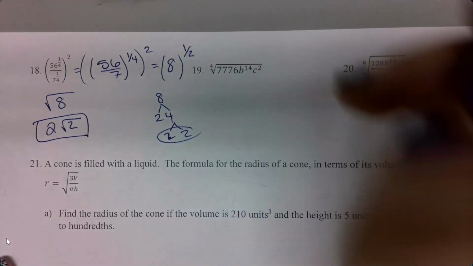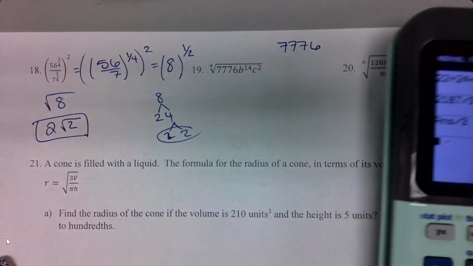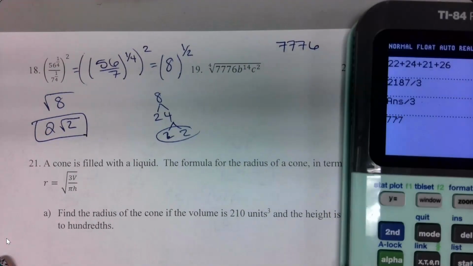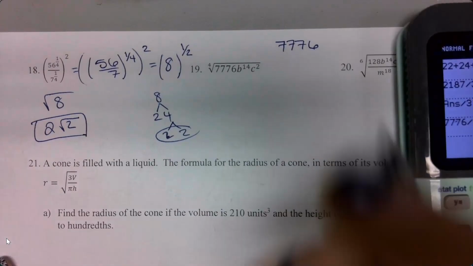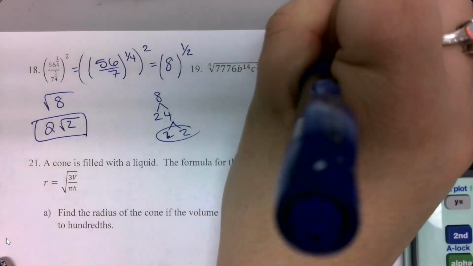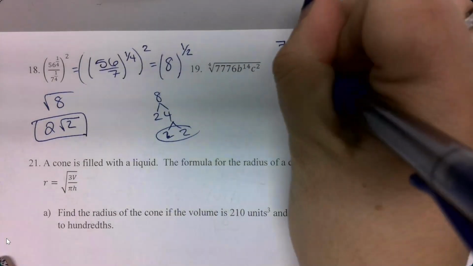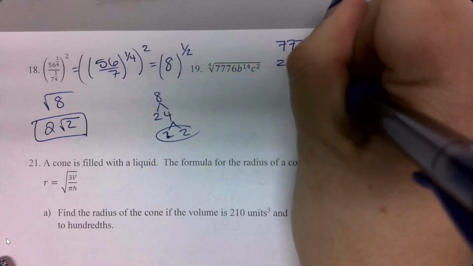On number 19, I'm going to factor tree 7776. I can see this one's even. So that gives me 3,888. Gives me 1944.